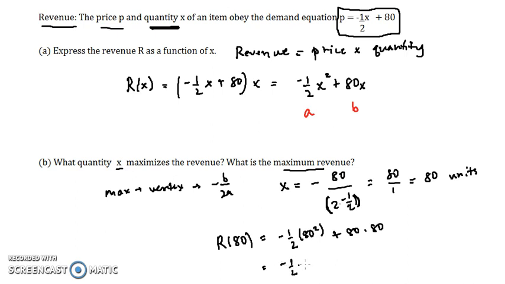So we're going to have -1/2 times 6,400 plus 6,400. So that should be -3,200 plus 6,400, it should be 3,200. Let me write that a little bit better. 3,200. Okay, so when we sell 80 units, we will hit our maximum revenue of $3,200.